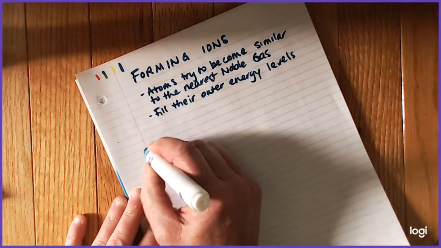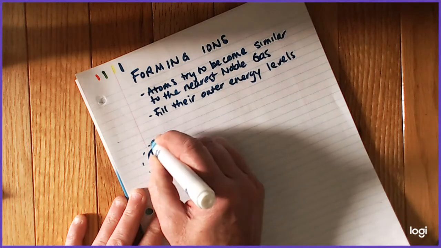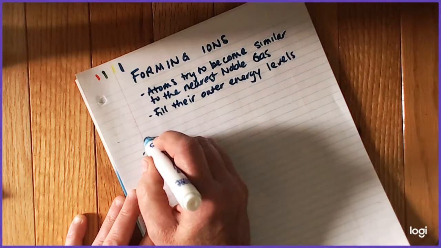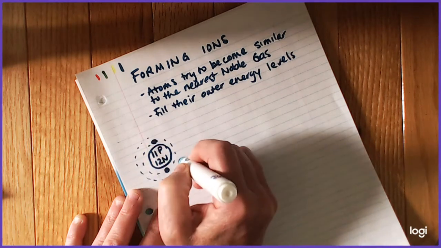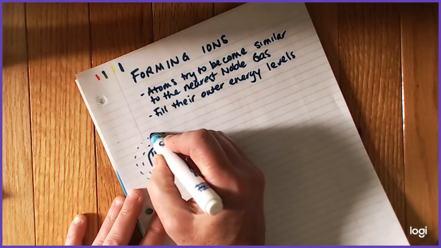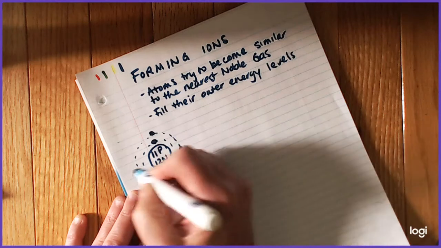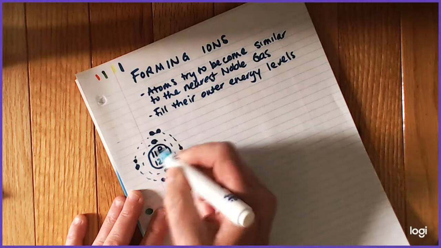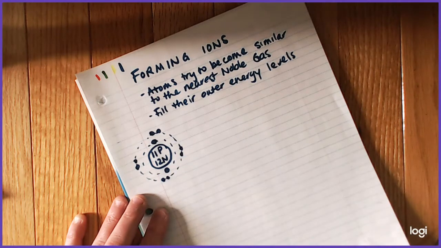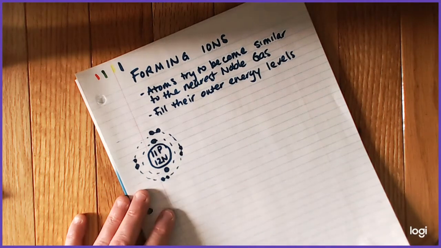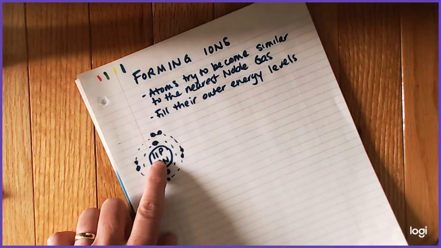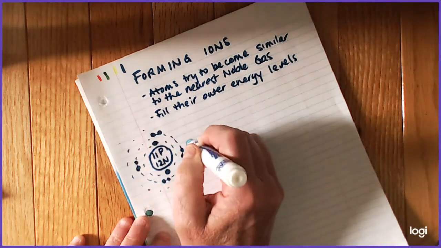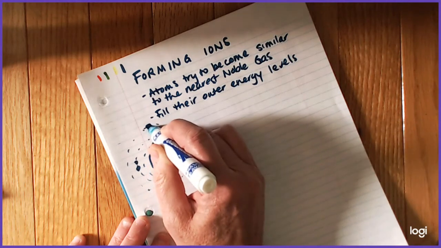We've got our first two electrons in the inner energy level, and then our next energy level with 1, 2, 3, 4, 5, 6, 7, 8. So that energy level is nice and full. It kind of looks like a noble gas, doesn't it? Except in this case, we still have to put one more electron out here.